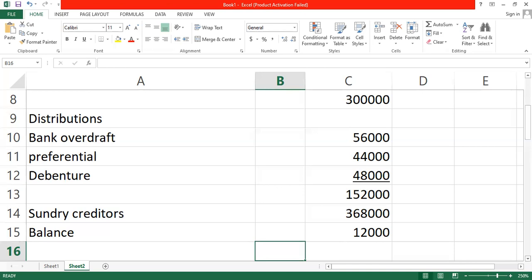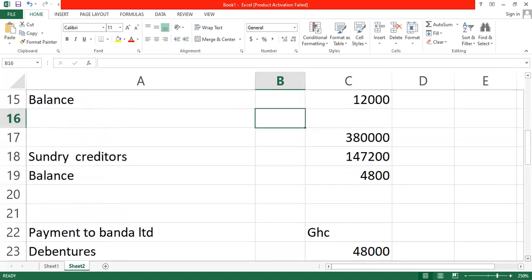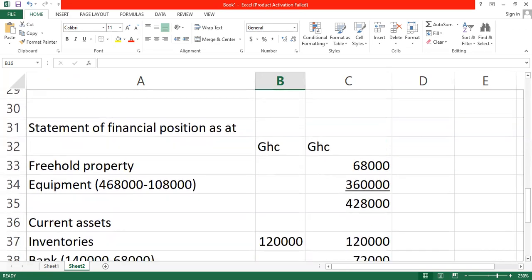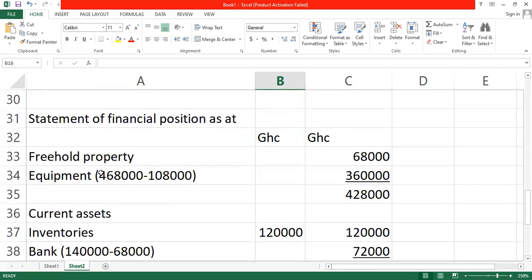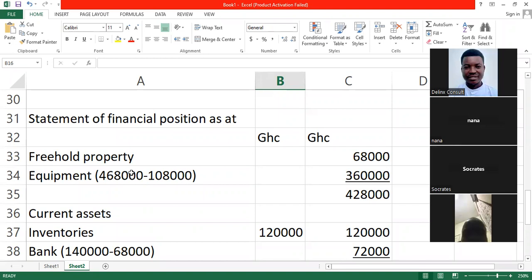Or another way of doing the workings is to just bring the original figures, like if you're referring to a statement of financial position, just bring the original figures, equipment. Then you do it the way we do consolidation. Bring the original figures, any adjustment that you are going to do, net it off. You bring the 468, you are going to write 108,000 as trade payables. Just subtract it over here.